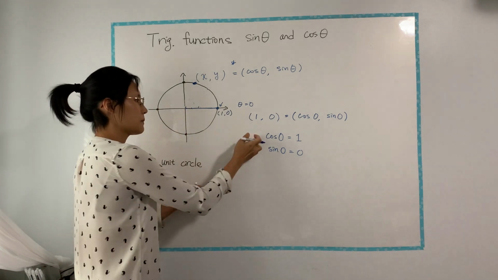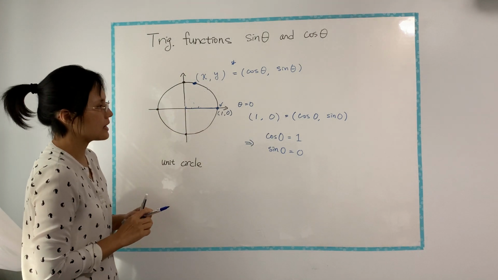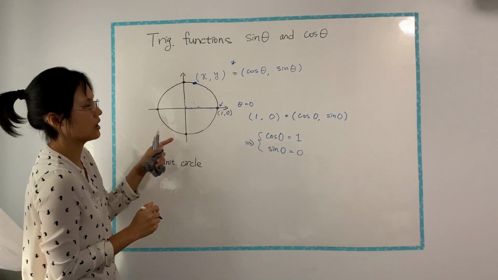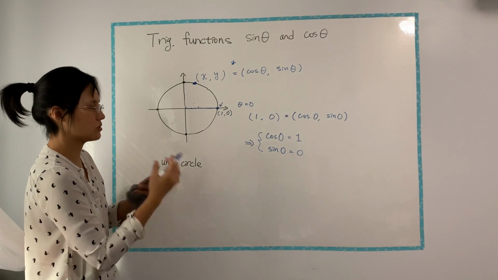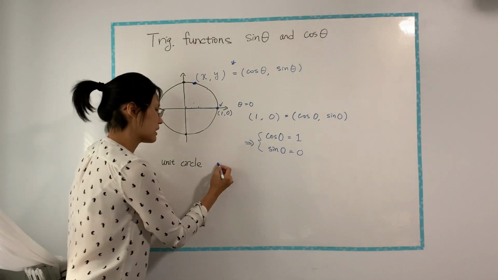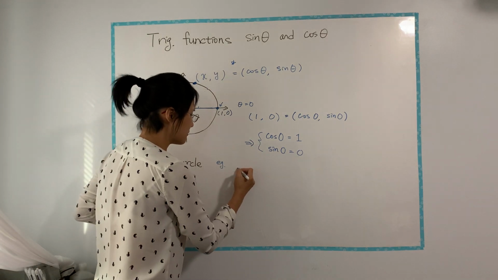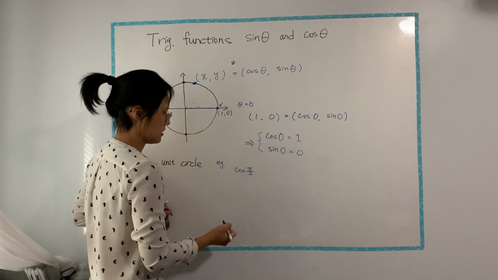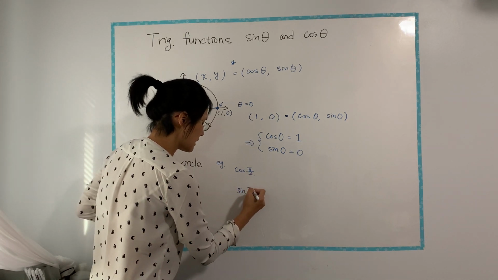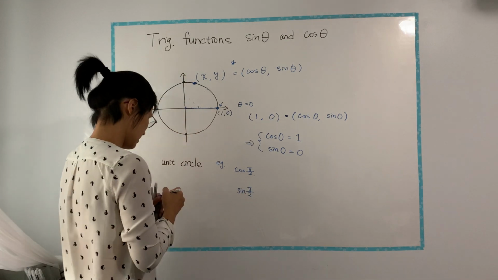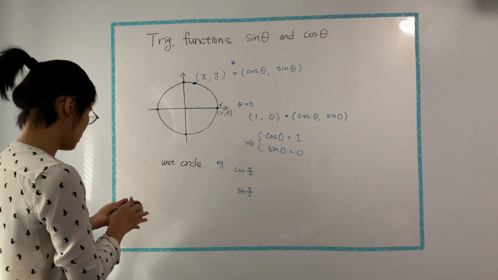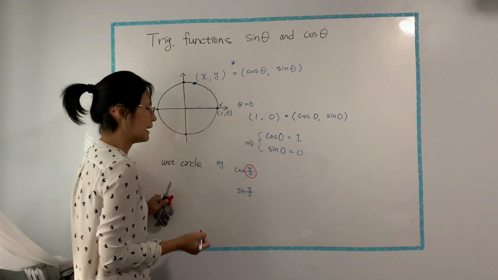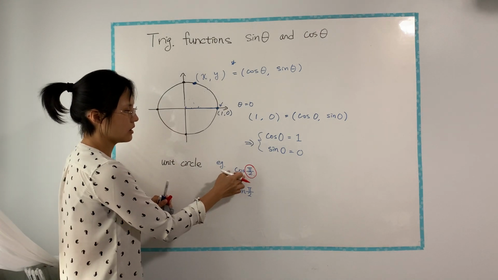Okay, so for special angles, if I forget, I tend to use this process to help me figure out what the cosine value is, what the sine value is. Let's do another example. How can I find cosine of a half pi or sine of a half pi? Okay, so to do so, I'm going to first identify that point with angle a half pi.